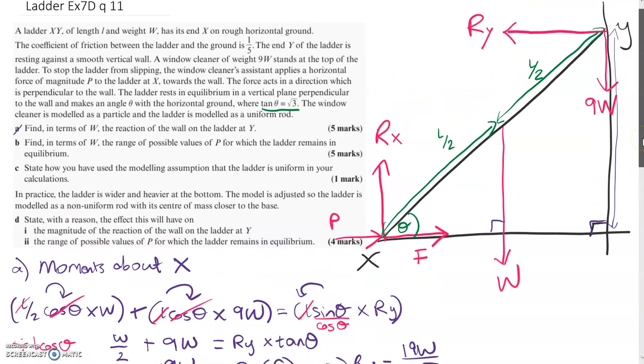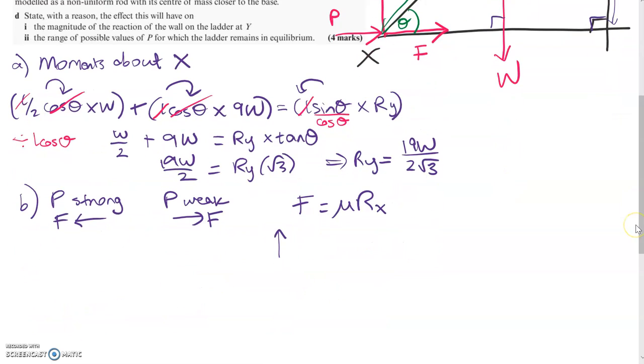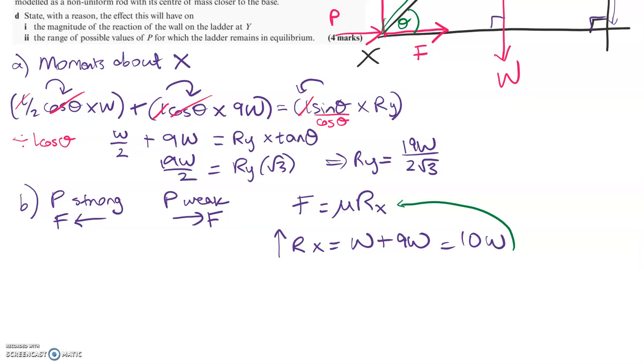We've got Rx equals, downwards, W add 9W, so Rx equals 10W. Now if I sub that in here, and I also know that mu is 1 over 5, it says in the question, then F equals 1 over 5 times 10W, which is 2W.